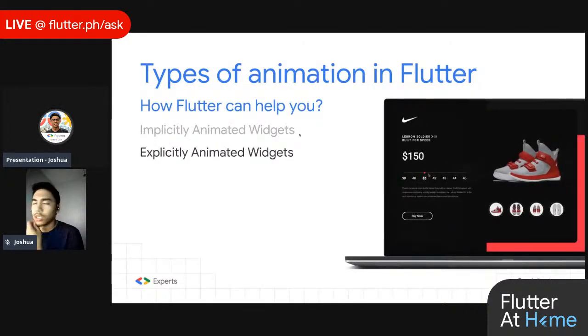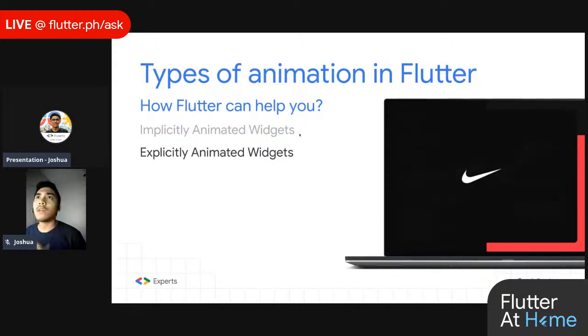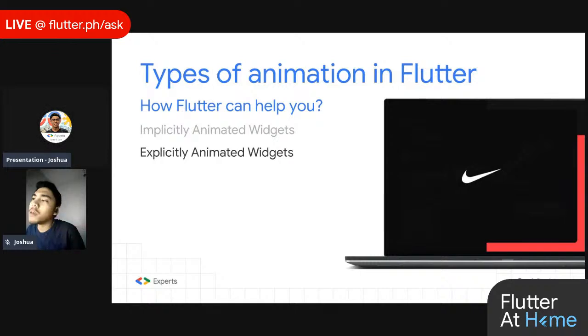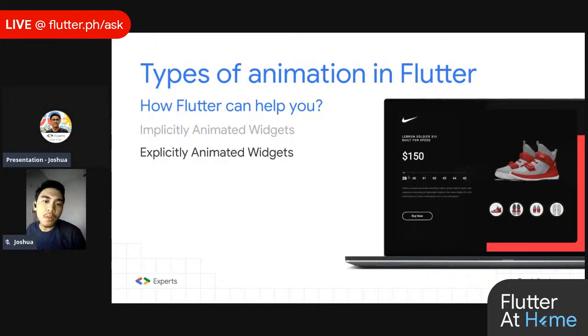Now, explicitly animated widgets are a type of animation that you would want to use, especially if you want to have fine-grained control on the timing, the duration, and the interpolation, how your animation is actually working.